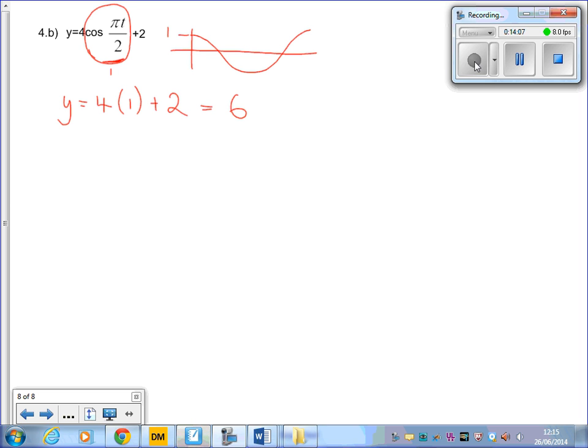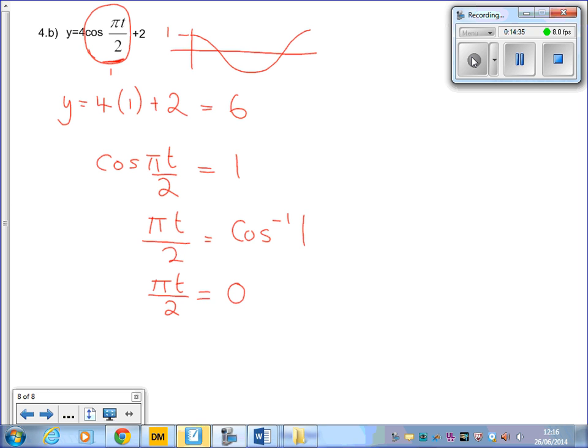When does this happen? Well, it happens when cos pi t over 2 is equal to 1. If I use my calculator to get a solution for cos to the minus 1 of 1, I'll end up with an equation pi t over 2 equals 0.